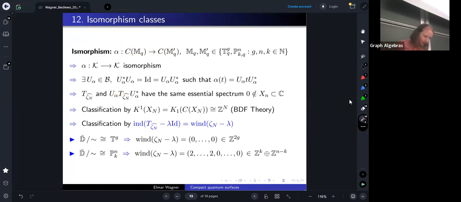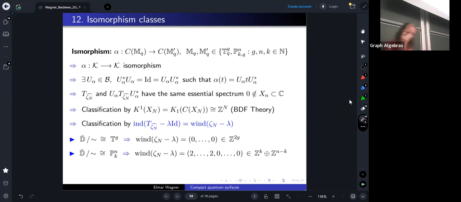Now our generators are essentially normal operators. So what we are talking about is when we have an isomorphism of these algebras, when we look at the generators, we get unitary equivalence of essentially normal operators.